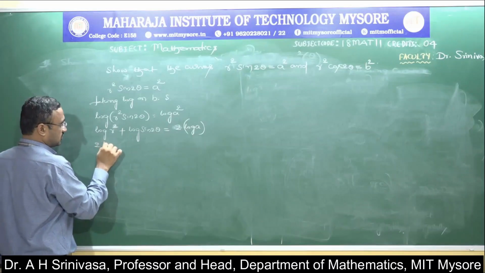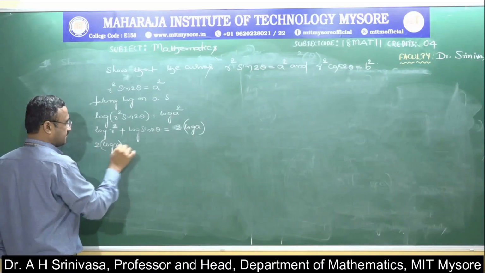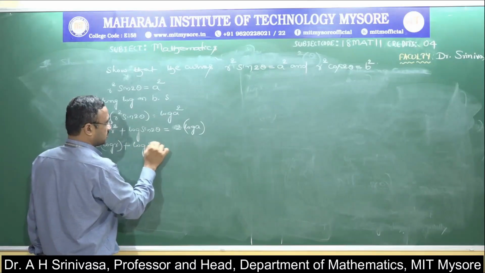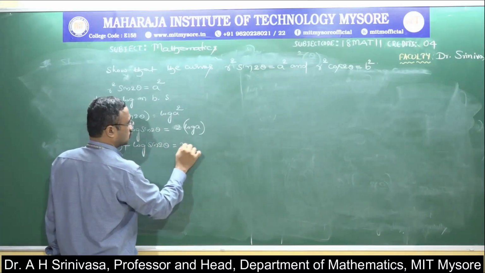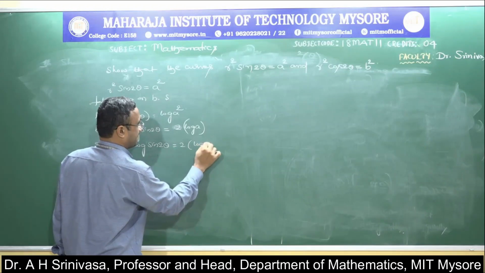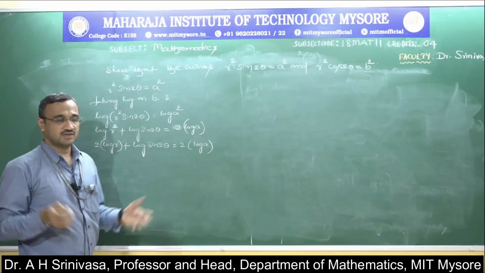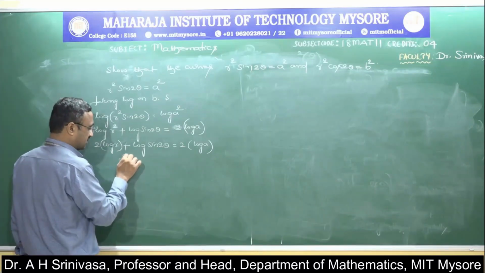Then this becomes 2 times log r plus logarithm of sin 2 theta equal to 2 times log a. The powers are also reduced. Then you can easily differentiate the function.